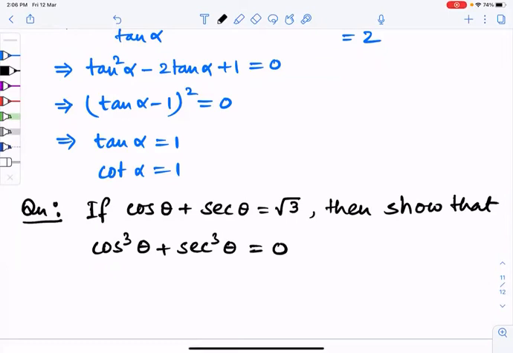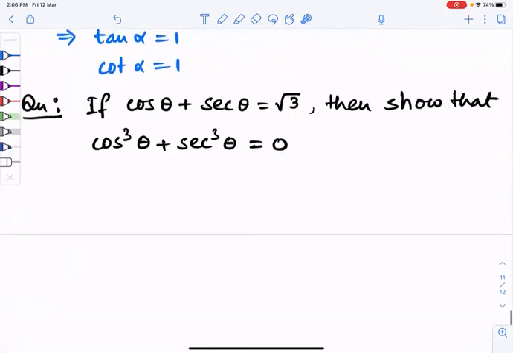How is that possible? Cos theta plus sec theta is equal to root 3. Then you have to show cos cube theta plus sec cube theta equal to 0. Okay, so some algebra to be used. Let us see whether you can use this or not.